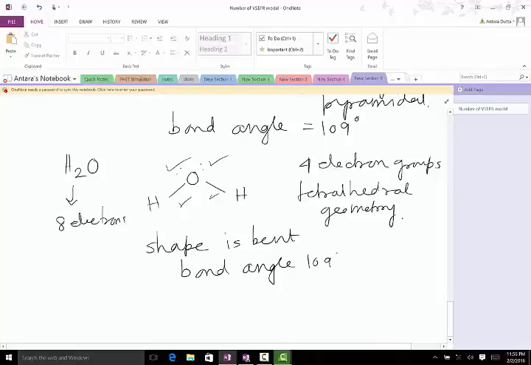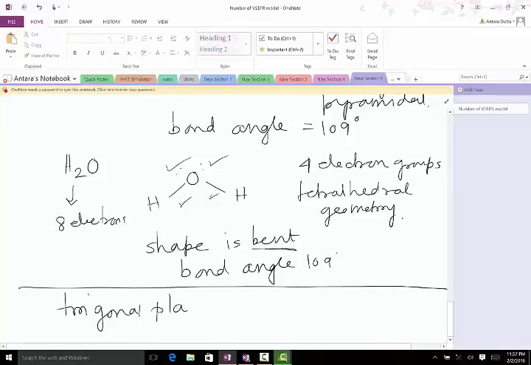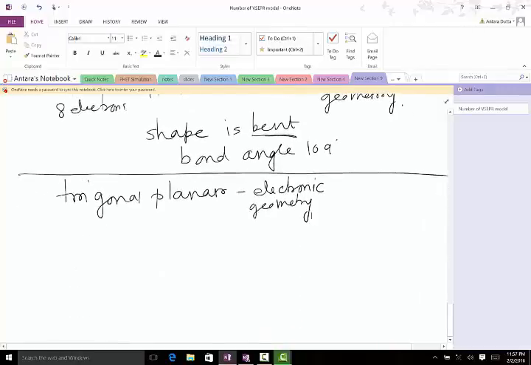So we see that the bent shape is coming from 2 different geometries. If you have trigonal planar electron group geometry, electronic geometry, and 1 lone pair, that means 3 electron groups with 1 lone pair, then the shape is bent.